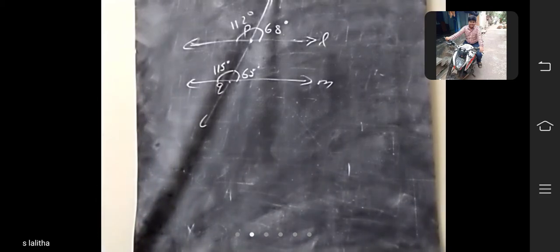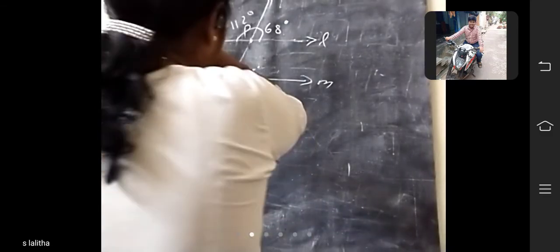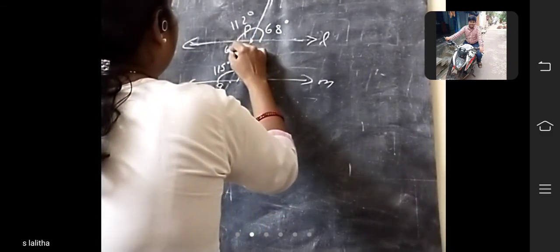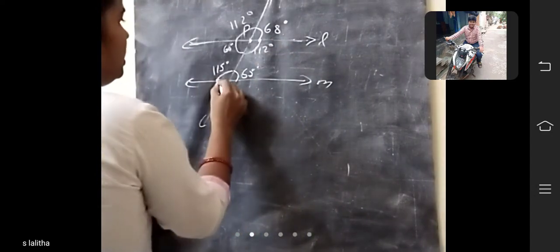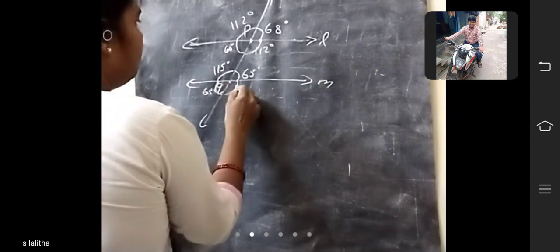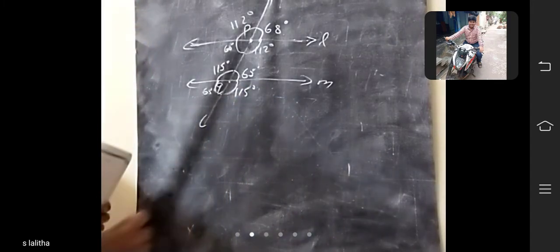This is 68. And next side, what will you get? 112. Here it is 68. Here it is 112. Like this, here also it is 65. Here 115 degrees you will get. Okay.